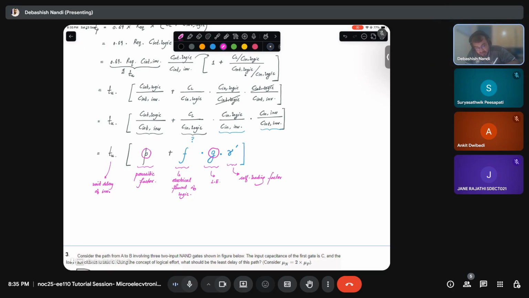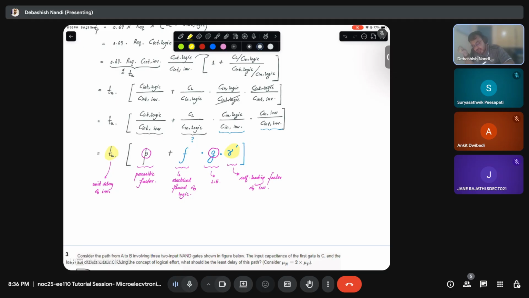Gamma is your self-loading factor of inverter. So what happens basically in real VLSI design? These two are your inverter property, completely inverter property. This has nothing to do with logic, okay? For any combination, it is very easy to simulate or design the inverters because only two transistors are involved.